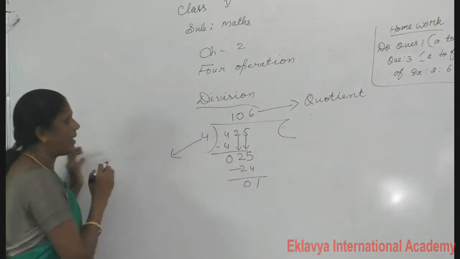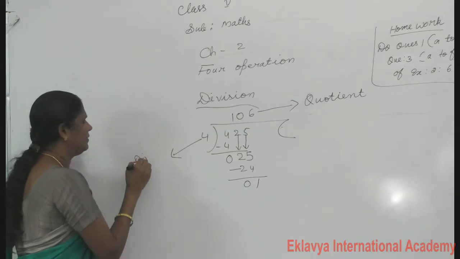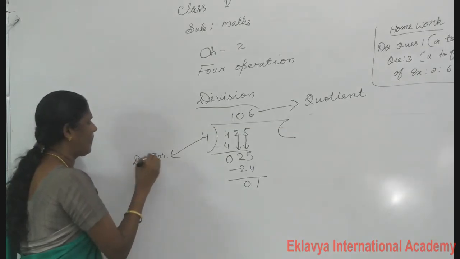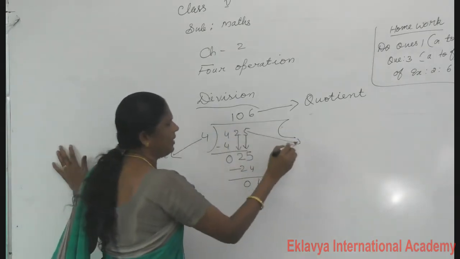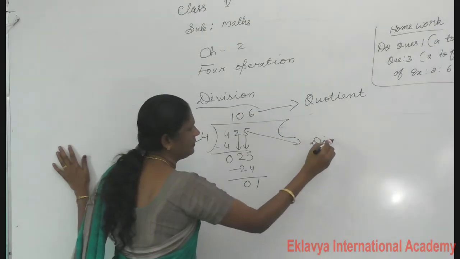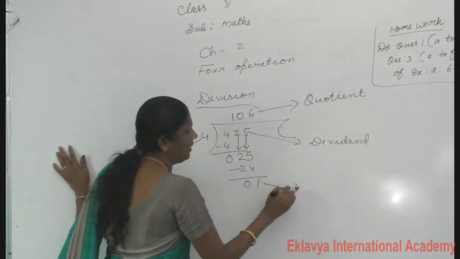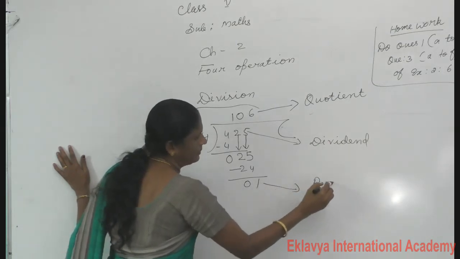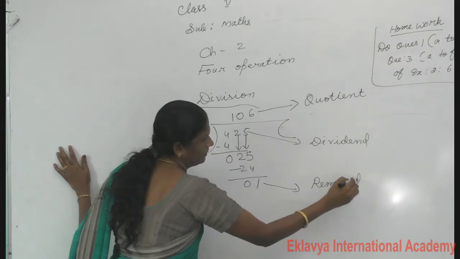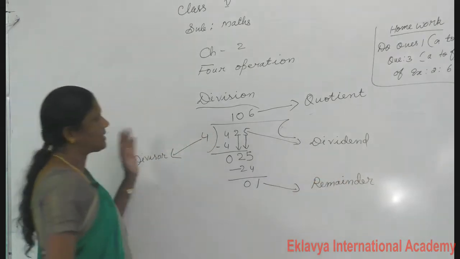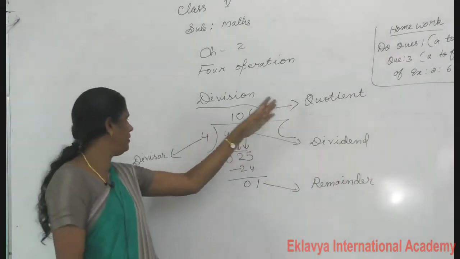This number is called the divisor. This is called the dividend. This is called the remainder.